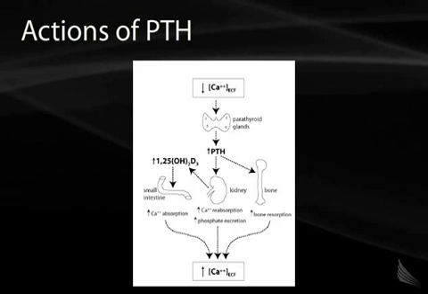And three is the stimulation of the 1-alpha hydroxylation reaction in the proximal tubule, which increases calcium reabsorption in the intestine. Therefore, the primary stimulus for PTH, the hypocalcemia, should be corrected with all these three mechanisms in place.